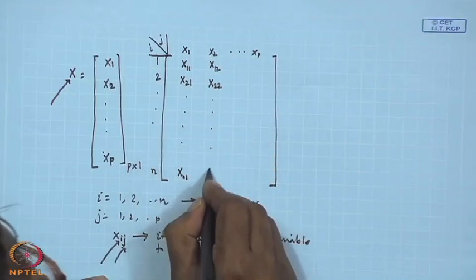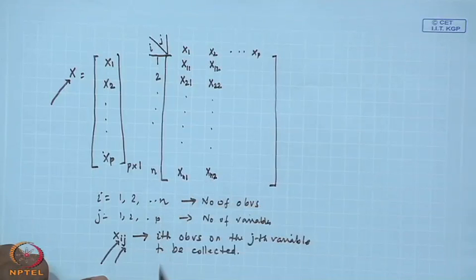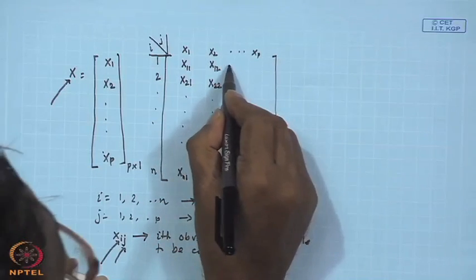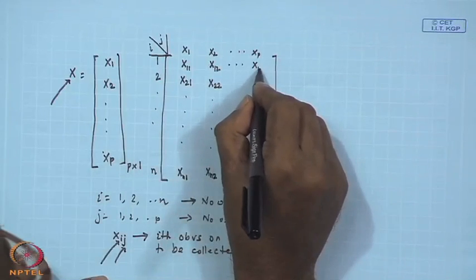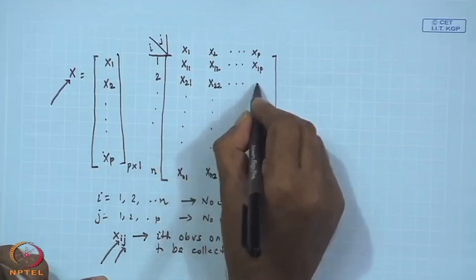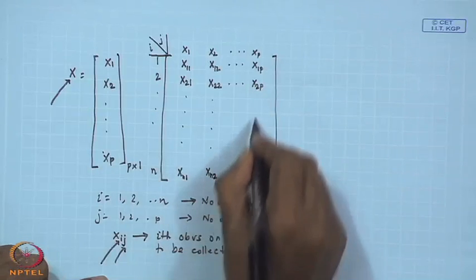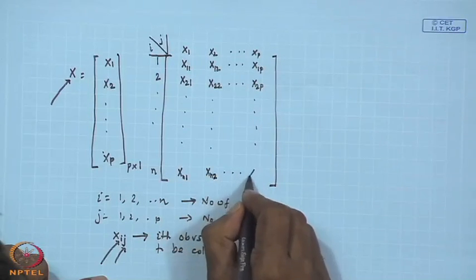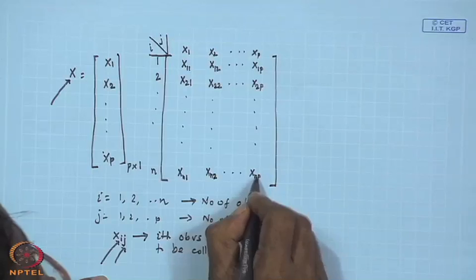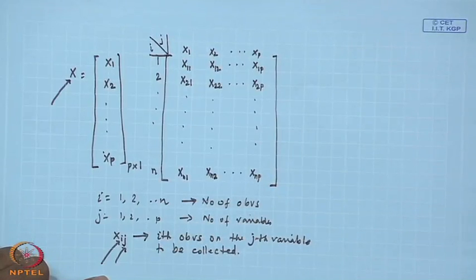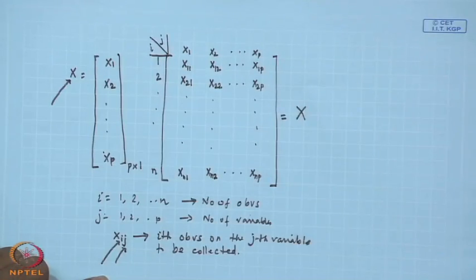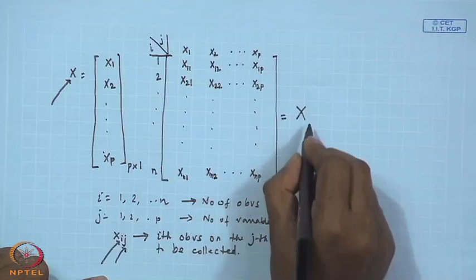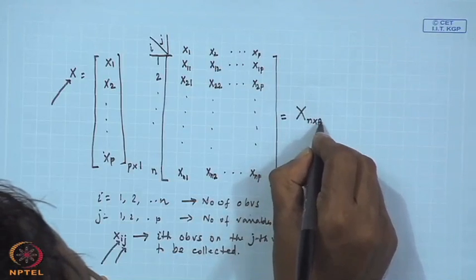So, like this x observation n, variable 2. In this manner you will go, then x observation number 1 on variable p, observation number 2 on variable p, like this you will be getting observation number n on variable p. This is the data matrix and we will be denoting this as capital bold X, and the order will be n cross p.